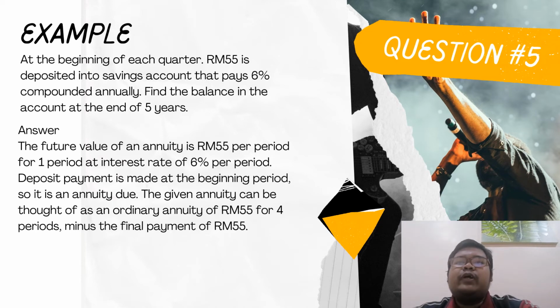Deposit payment is made at the beginning of the period, so it is an annuity due. The given annuity can be thought of as an ordinary annuity of 55 ringgit for 4 periods minus the final payment of 55 ringgit.